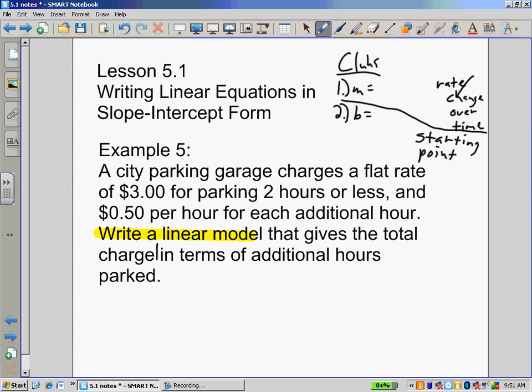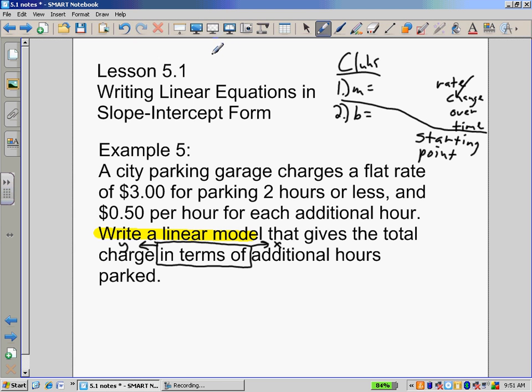Now, when we see this in terms of, that's going to key us off. That's going to trigger us to think, hey, they're telling me what the y and the x are. Now, what's in front of the in terms of is usually the y, because what's after the in terms of is the manipulated independent variable, and that's the x.